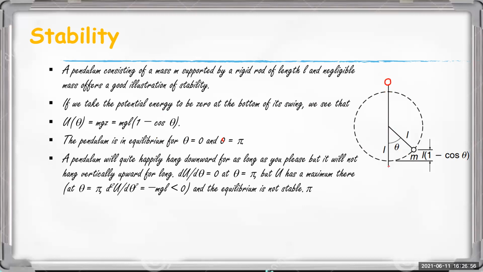Theta is equal to 0 is the first case, and this is the second case. A pendulum will be happy when it hangs downward, is it? It cannot hang vertically upward for long.